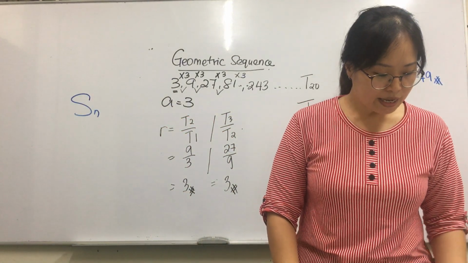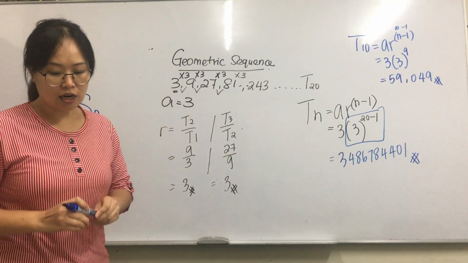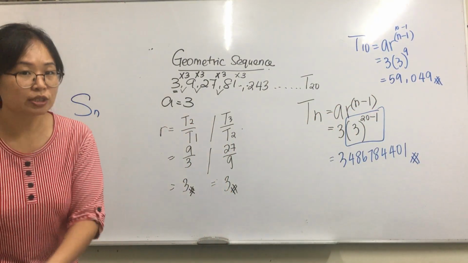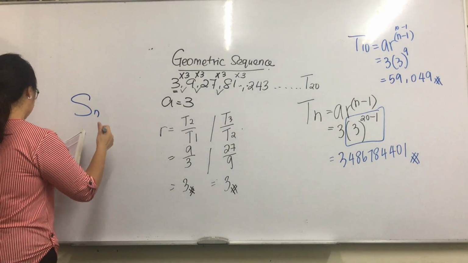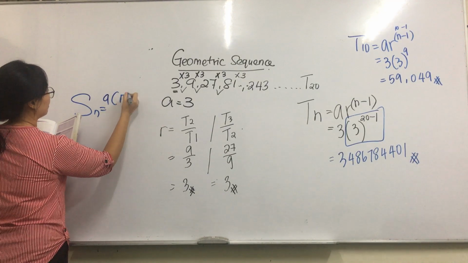Okay, the sum here, you have to be a little bit alert, whereby there are 2 types of sum. Okay? A, R, sorry.